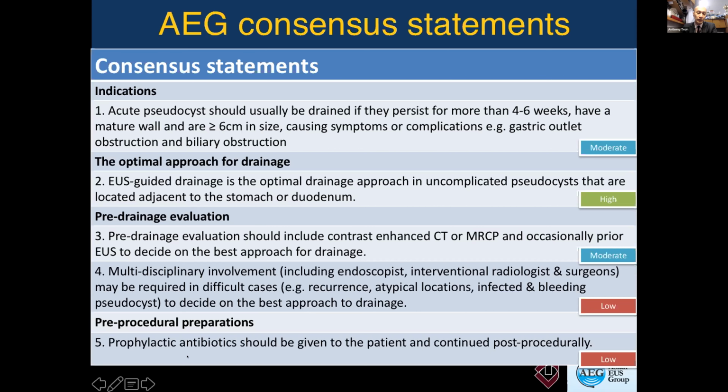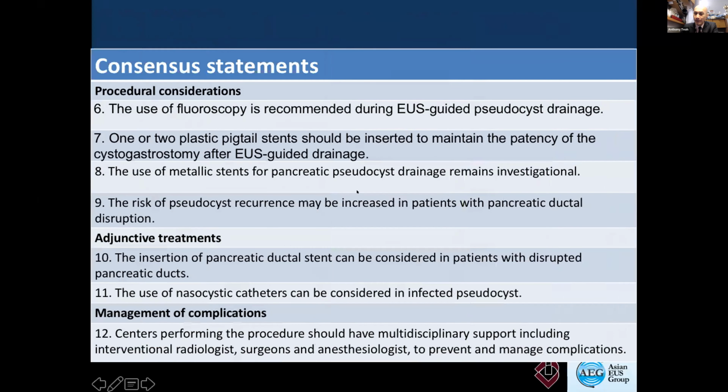Usually we give 1 dose of prophylactic antibiotics to the patient and then continue after the procedure around 5 to 7 days, because infection is the most common complication after pseudocyst drainage. The use of fluoroscopy gives you another dimension for drainage. Certainly you can perform this with only an EUS guided approach, particularly with the use of the lumen apposing stent. If you are using the plastic stent, then usually we will still need fluoroscopy.